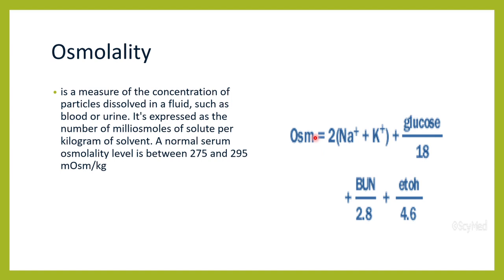It is expressed as the number of milliosmoles of solute per kilogram of solvent, and the normal osmolality is between 275 to 295 milliosmoles per kg. This osmolality depends on the sodium. So if the sodium increases, the osmolality will increase.